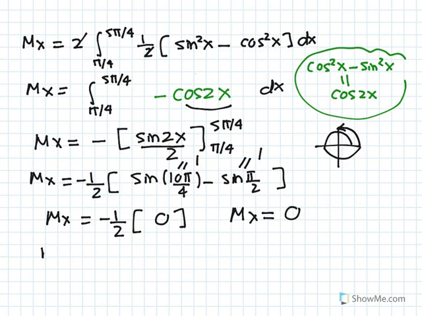So we have mass. Mass is equal to 8 over root 2. We found that earlier. And the moment with respect to the y-axis is 6 pi over root 2. And the moment with respect to the x-axis is equal to 0. So what is x bar going to be?